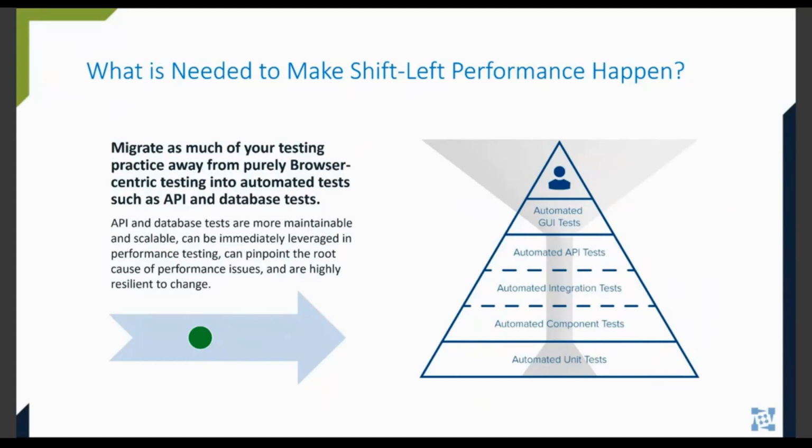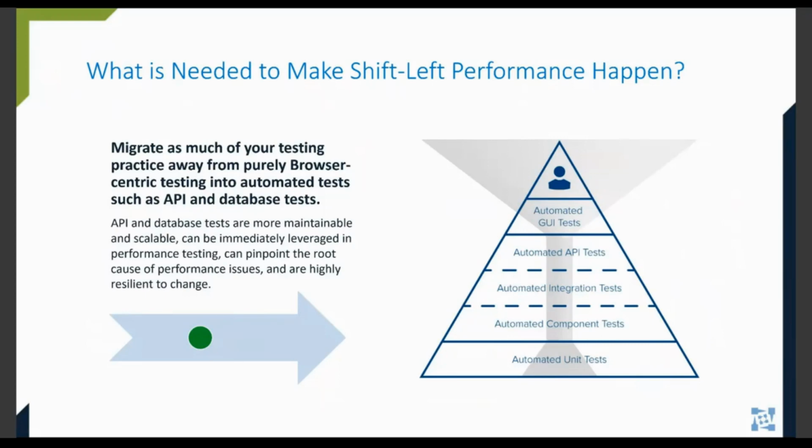UI tests are slow and time and resource consuming to maintain, whereas the lower automated layers of the pyramid show where the majority of tests should be performed, with unit testing as the foundation through component testing and integration testing up to API testing.